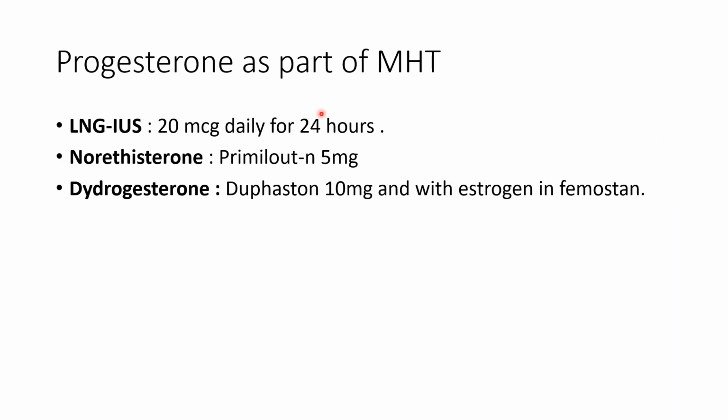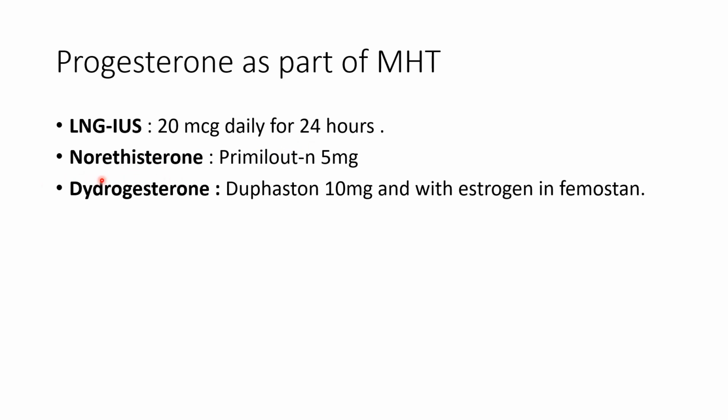Okay, if you talk about progesterone, if only progesterone is prescribed for menopausal hormonal therapy, or even along with a combination of estrogens, the progesterone-only options are these, like the levonorgestrel intrauterine system. So we can place an IUCD, intrauterine, and the strength would be 20 micrograms of levonorgestrel hormone released daily for 24 hours.